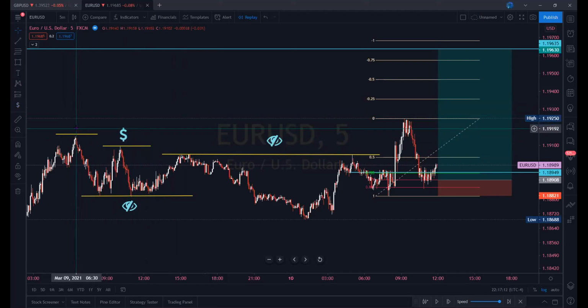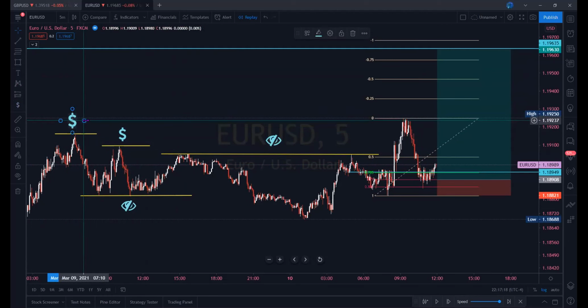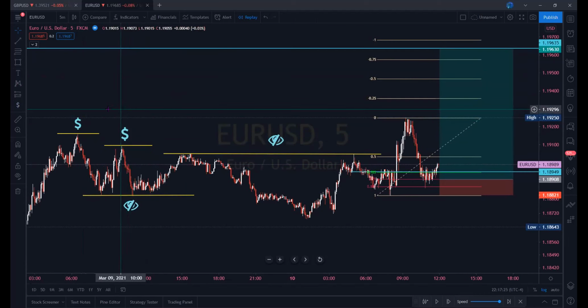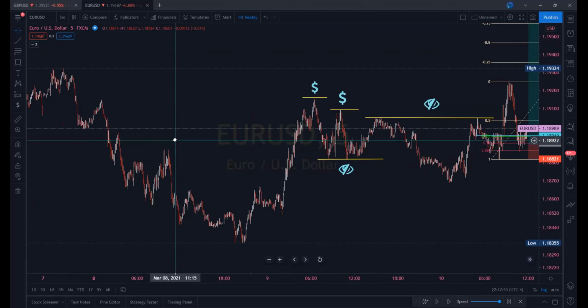Now what about here? Just like this, it was mitigated. So we could essentially say that this is a significant high, but not an active one. It's a significant high because it kept the market structure going, it kept a bearish market structure continuing on.